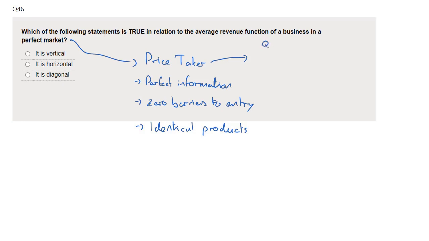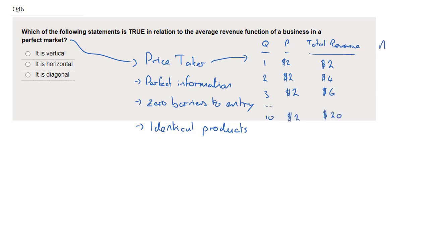If we have quantity of goods sold and the price and the total revenue, we can see that if we sold one unit, and let's say that the price was $2, that means our total revenue would be $2. If we sold 2 units, the price wouldn't change. It remains at $2, therefore our total revenue would be $4. And so on.